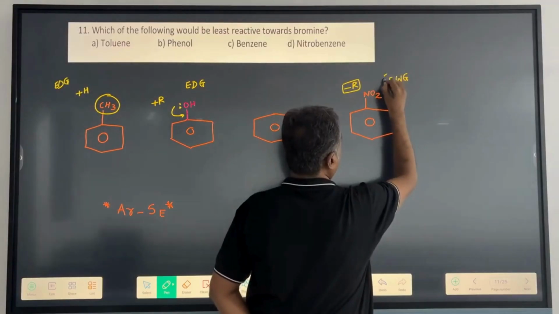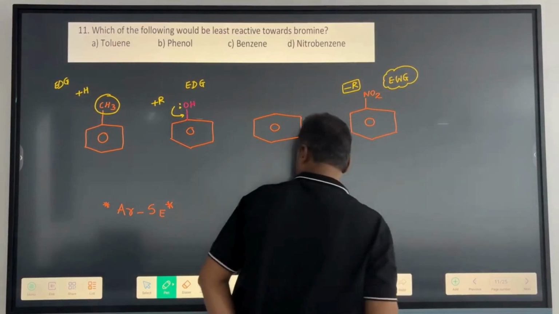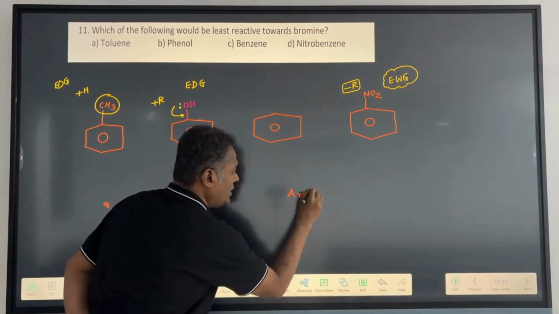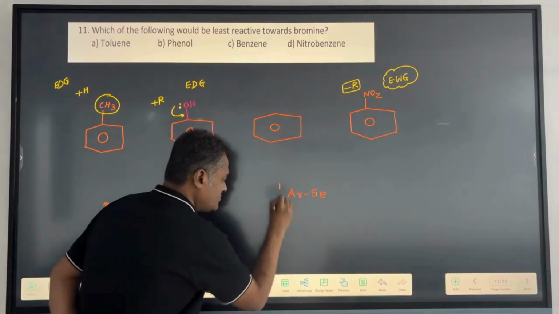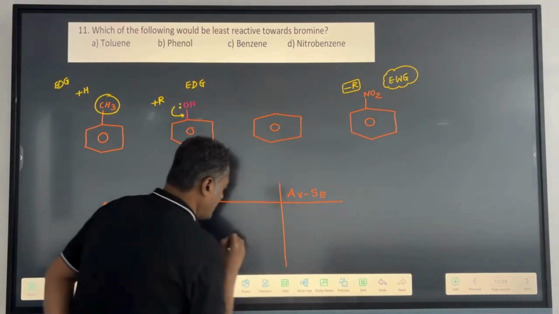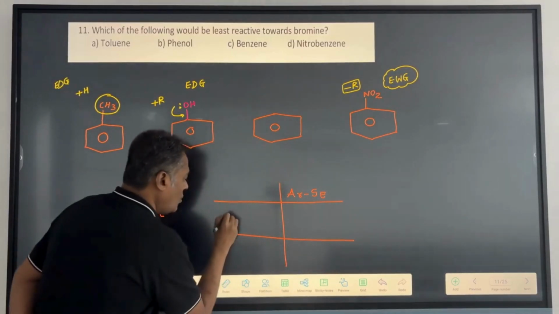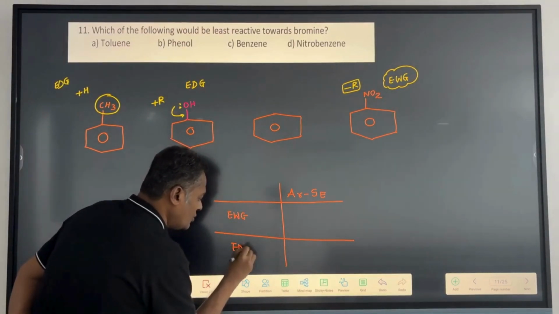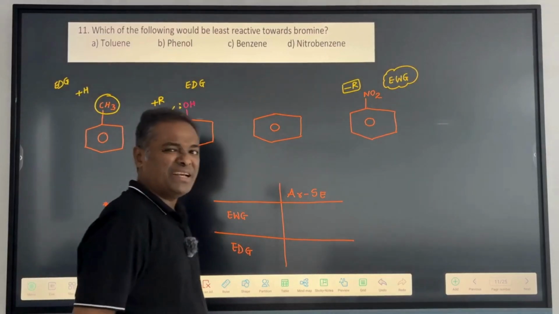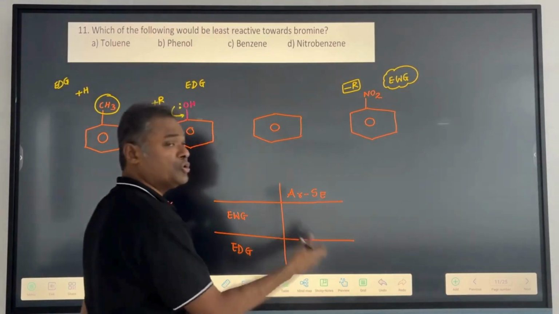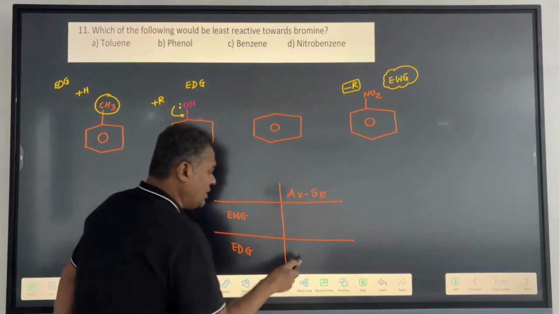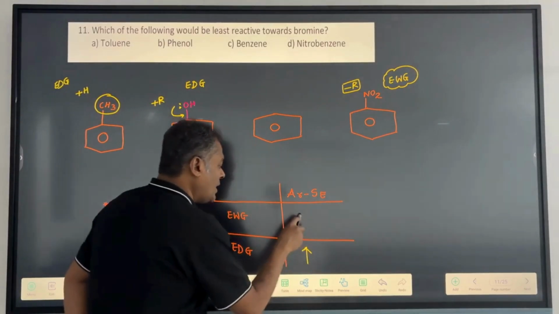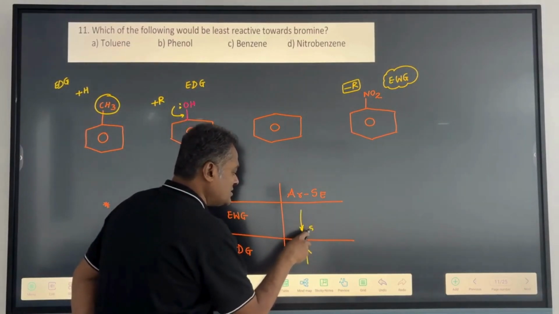So right now, if you remember, I had mentioned one thing, and what was that? Over here, if I talk about electrophilic substitution reaction, in nature there are 2 types of groups. Yes, one is electron withdrawing group and one is electron donating group. Now one will increase the reactivity, one will decrease the reactivity. You should know which one is increasing.